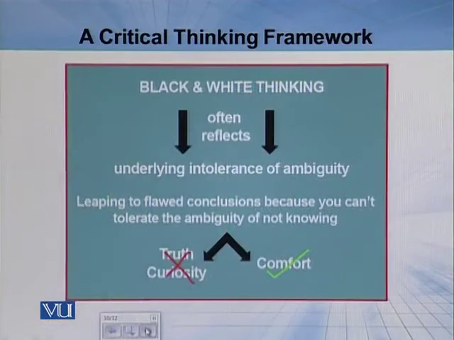The difference between truth and curiosity and comfort here is quite significant, because with comfort there can be complacency, and with complacency people can get into bad habits in the classroom.